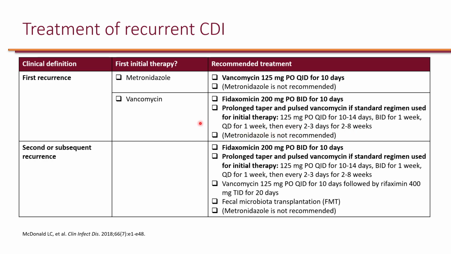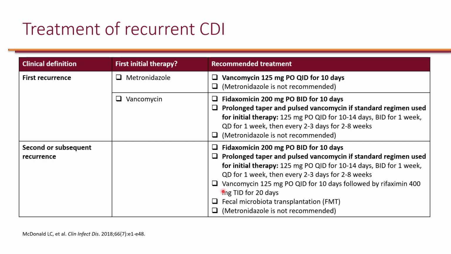Now, for those patients who have a second or more recurrences, again, fidaxomicin is recommended first line, or we can do the same prolonged taper and pulse vancomycin dosing, or we can do a vancomycin chaser dosing.